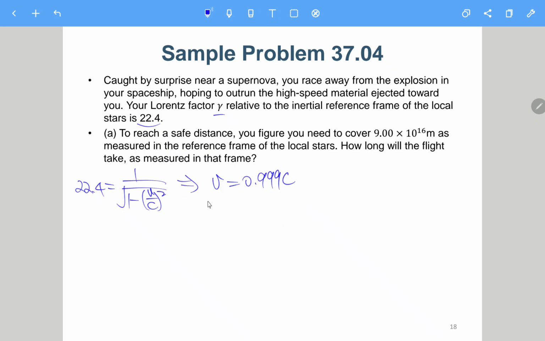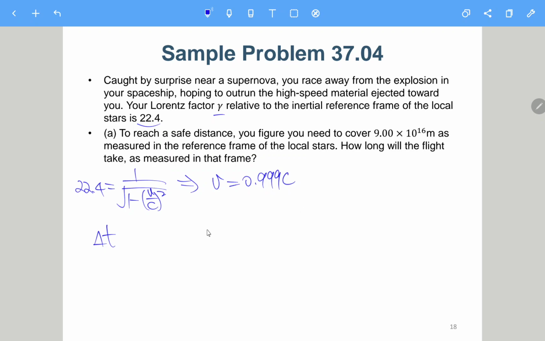Okay, so in that case, delta t, which is the time to escape in that reference frame. This is actually the rest frame, which means the proper length.